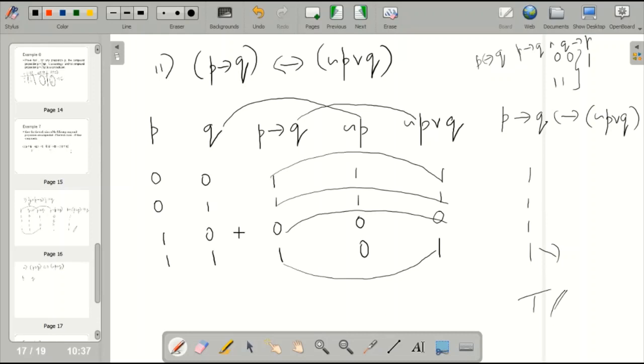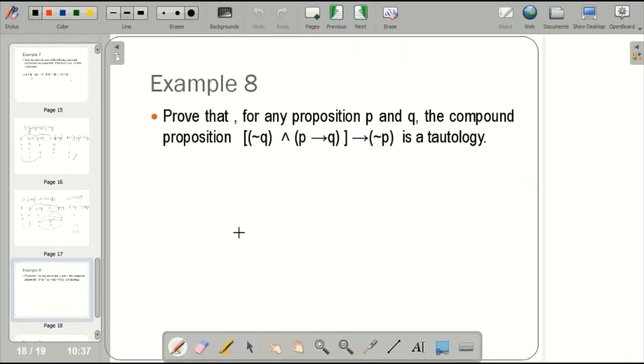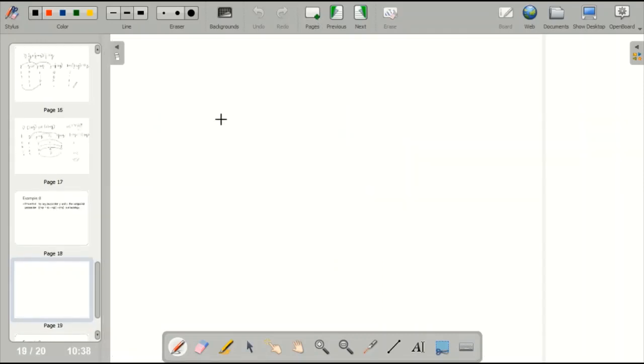So now let us see example 8. Prove that for any proposition P and Q, the compound proposition is a tautology. So let us solve this problem. This also involves only two propositions.